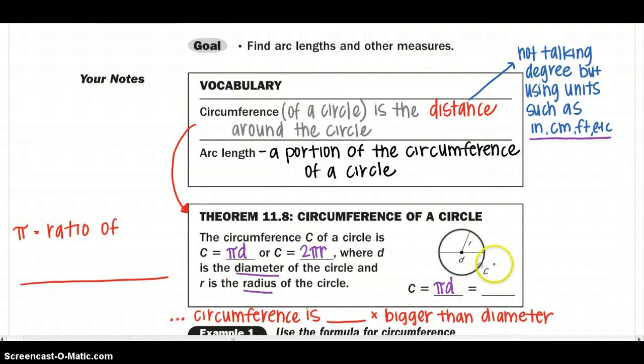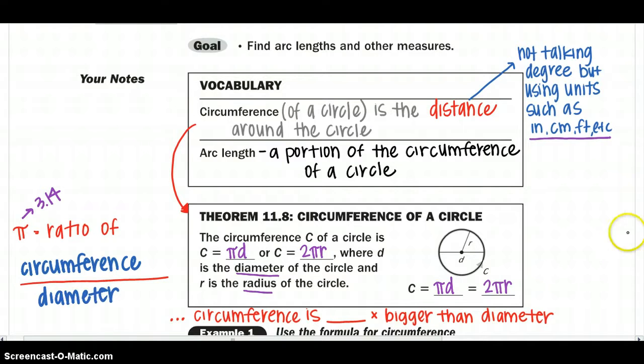Let's go ahead and finish our theorem. It just kind of depends on what you're given. And remember, the pi we normally think of as 3.14, but what does that number really mean? Pi is going to tell us the ratio of our circumference compared to our diameter of our circle.